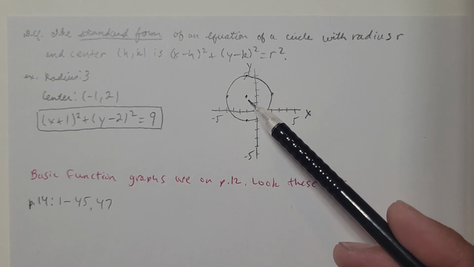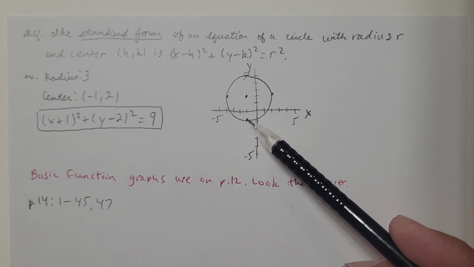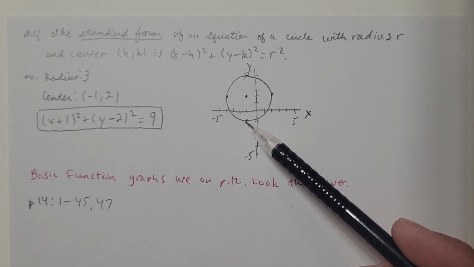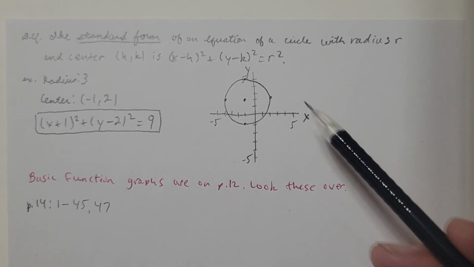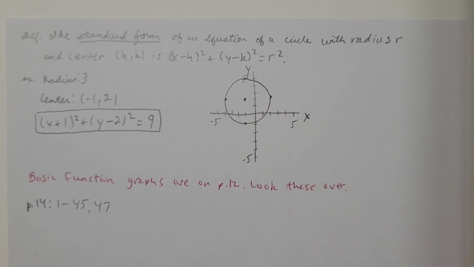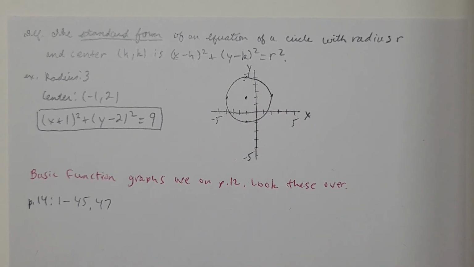I'd plot that point there, and then 3 units below the center would bring me to the point (-1, -1). And then once I have these 4 points plotted, I can draw a circle as best I can. Now, when you're drawing circles, I don't expect you to be artists, okay, but like any other graph, try to be neat with your drawing.